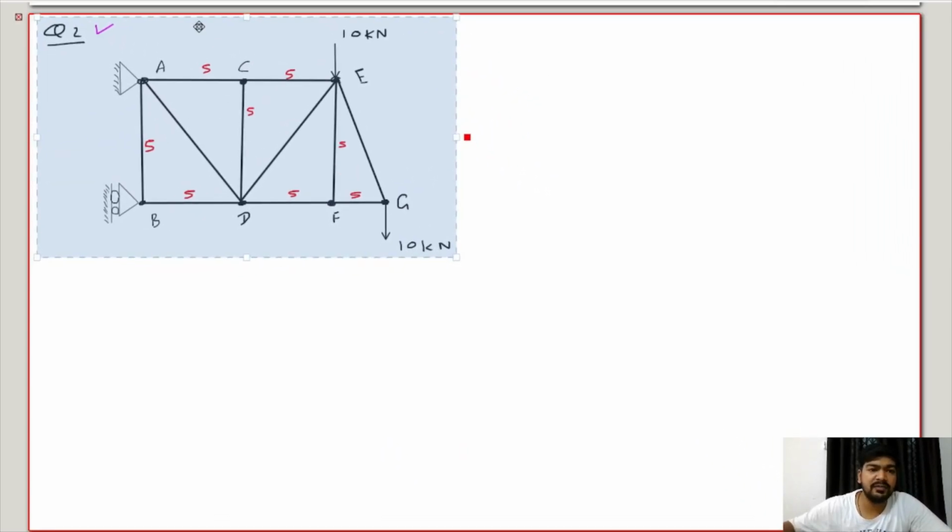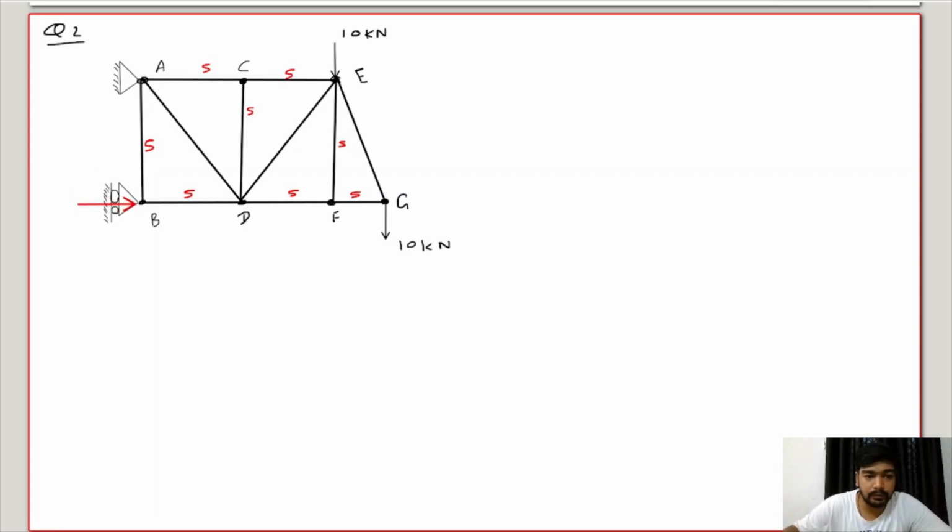You just pause this video and try to solve this by yourself. Okay, so as you can see, it has two supports. This one is the roller support. It will give only a vertical reaction to this AB. So let me write this is RB.